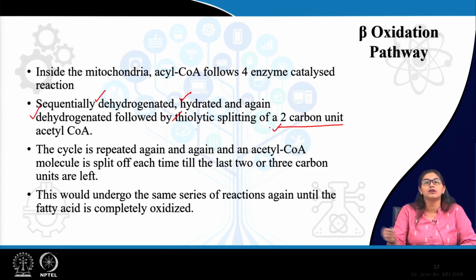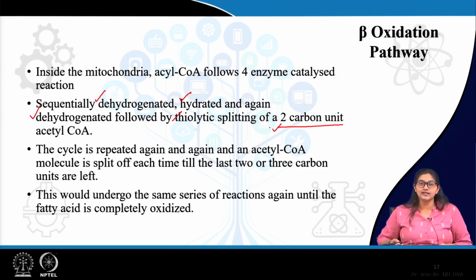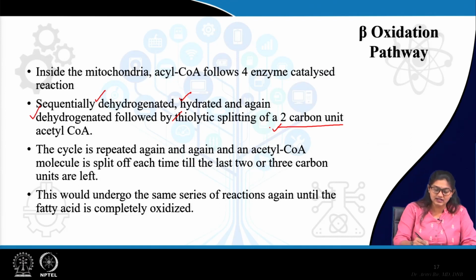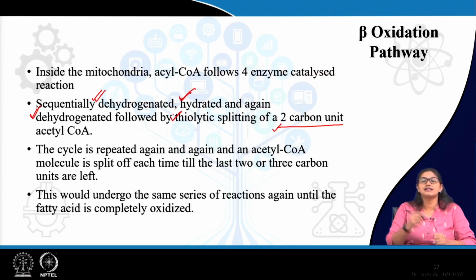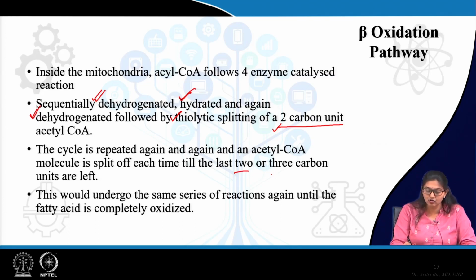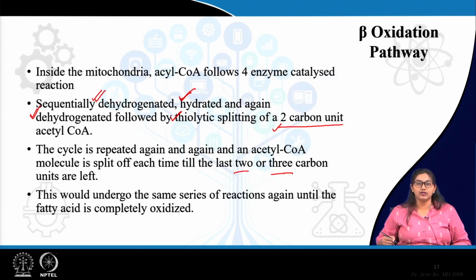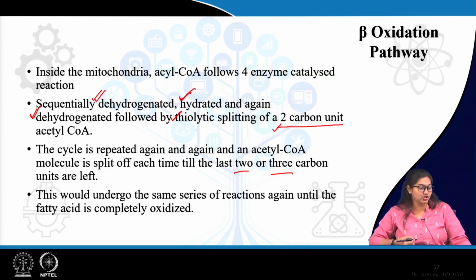That substrate once again follows these 4 steps of reaction, and this cycle goes on till the final product is either a 2 or 3 carbon compound. So, this is how beta oxidation occurs.